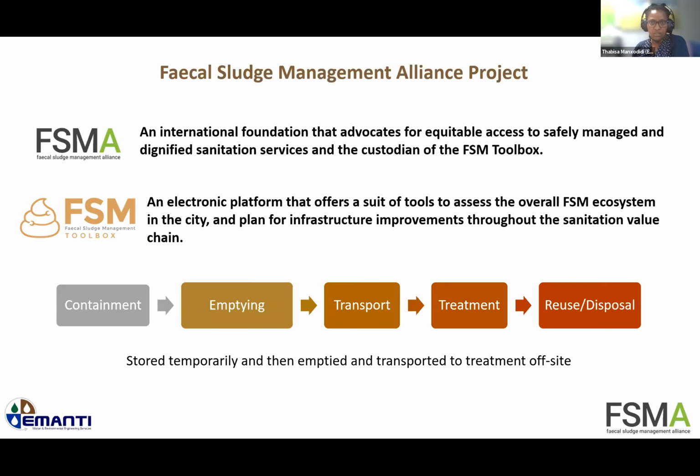That could be in the city or the region and whatever. And then I've just shown the value chain of the sanitation, as you can see, from containment, emptying, transportation, treatment, and reuse, which on the FSM Toolbox are also available there. So just to show the sanitation value chain, how it goes before it goes out to the site, when it does go out to the site.